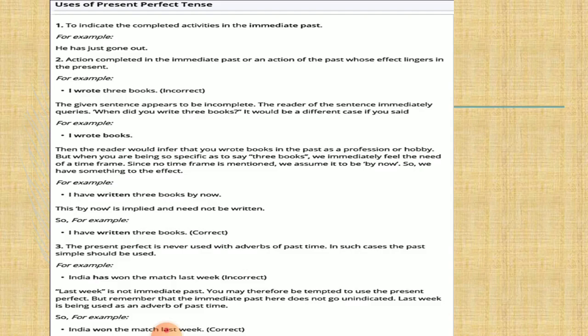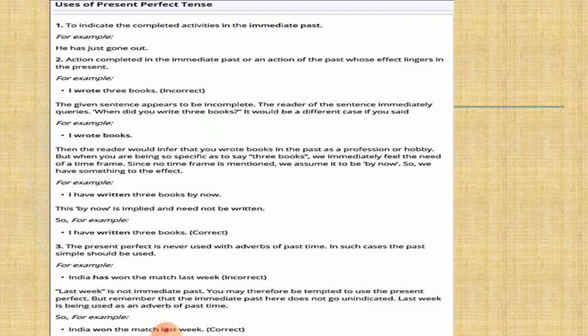It is correlating the past as well as the present because the effect is in the present. Now he is over with the books writing, but in the past he continued for some time. So the correct one is I have written 3 books.